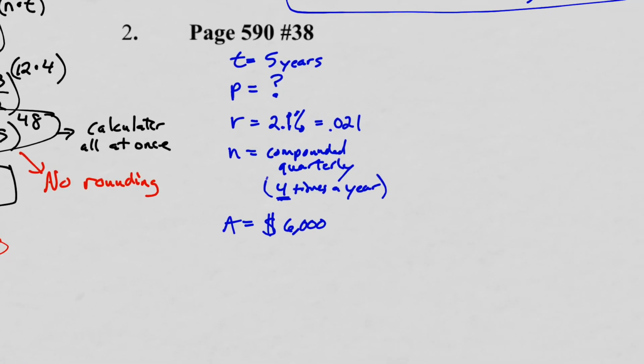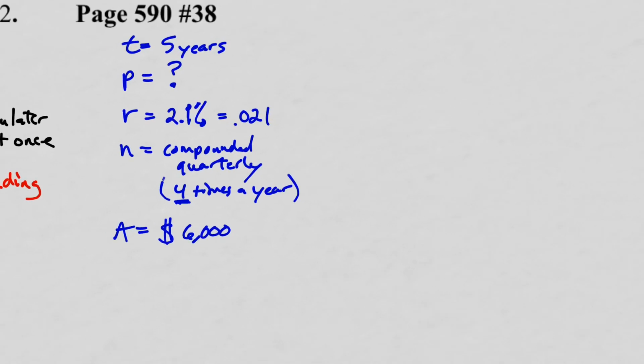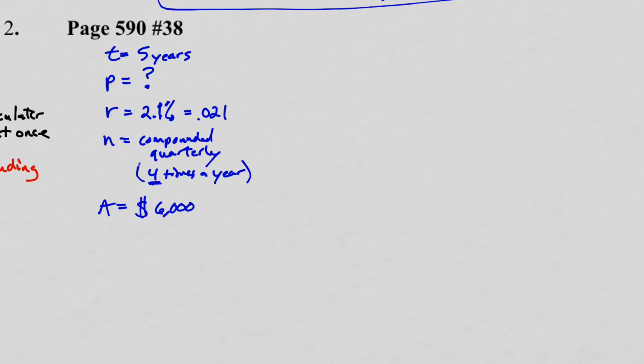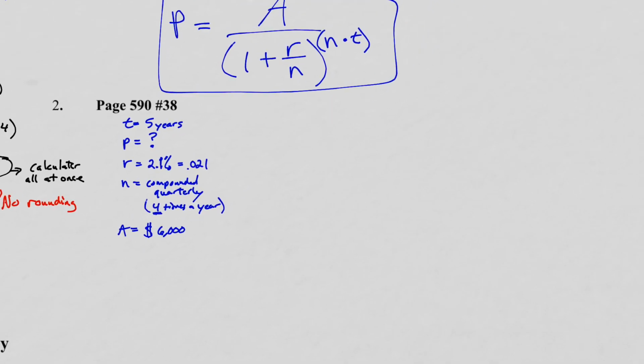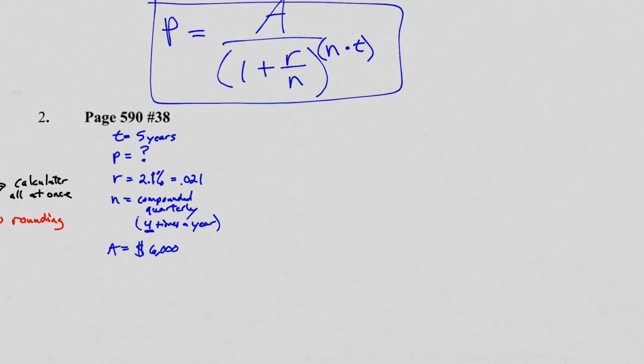Over here is, what do we need now in order to get this later? Okay, so that's the A. So basically, you're going to use a present value formula, which is the one right above the notes right here. So P equals A over the parentheses.